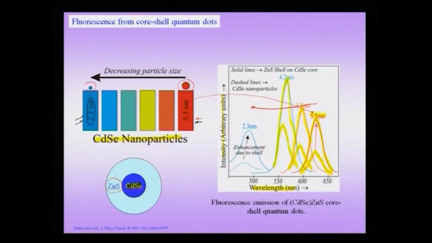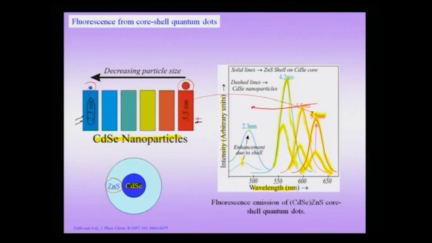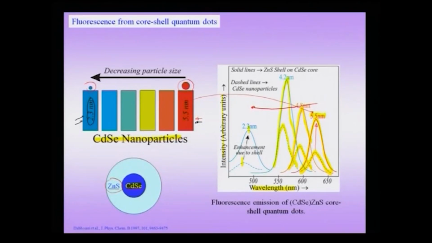The overall peak of the emission does not shift much, though there can be a small shift, as you can see from the fact that the peak of the bare core lies slightly to one side; in other words, the shell adds a slight red shift, but that is not a very significant effect. The important effect is the enhancement in the intensity. So, there is a beautiful example here of a core shell structure, wherein you still have a blue shift when you reduce the particle size, and there is an enhancement of the photo emission, or enhancement in the fluorescence, when you have a shell around the core.